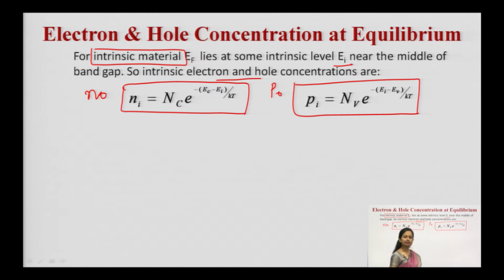Even if it is asked in the examination as a numerical question, all these terms would be given to you, and you have to work out from the question whether you have to calculate the equilibrium carrier concentration or the intrinsic carrier concentration. Accordingly, you have to write down the formula and do the remaining calculations.